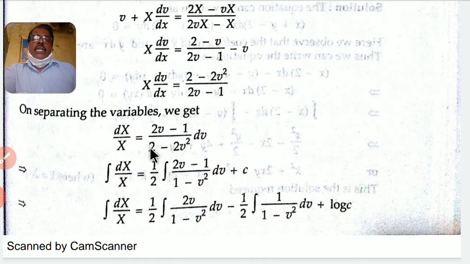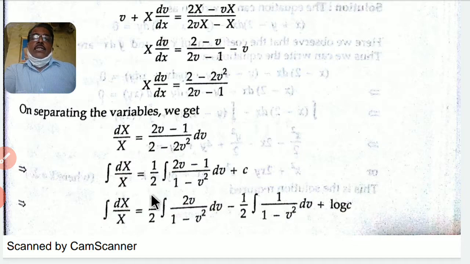If you differentiate the denominator, it gives minus 4v, so we don't get the numerator.